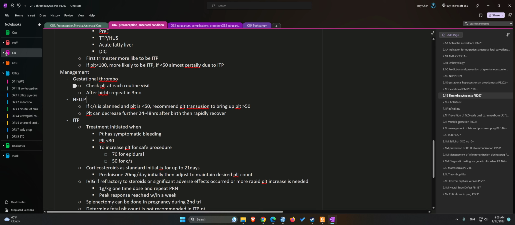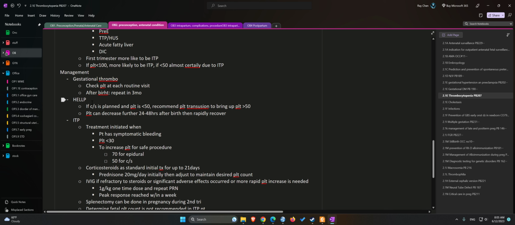HELLP syndrome, if there is a need for C-section and the platelet is less than 50, the recommendation is to have a platelet transfusion to bring it up to greater than 50 before the C-section. Platelets can decrease further 24 to 48 hours after birth, then rapidly recover.